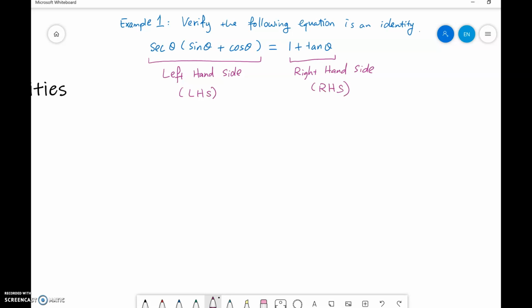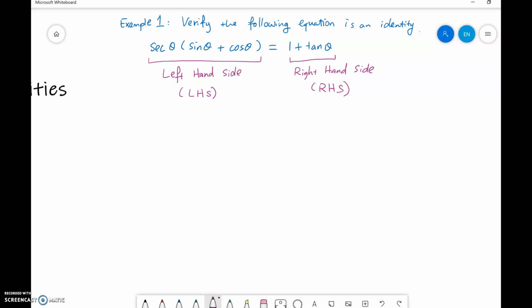To the left of the equal sign is the left-hand side, to the right is the right-hand side. We normally say LHS and RHS. When we verify identities, we want to see, if I work on one side by simplifying it, can I get to the other side?